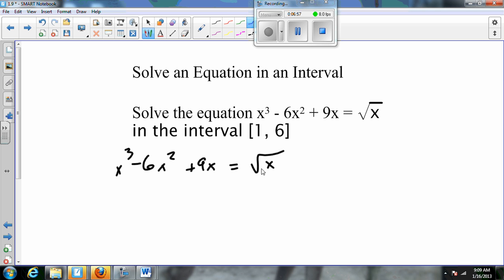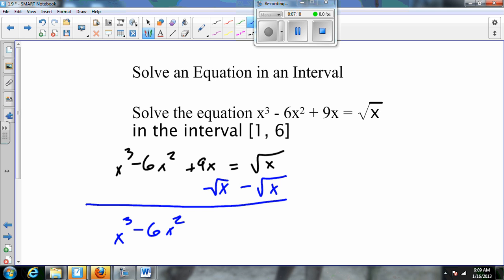So you would have to subtract root x from both sides. And we know root x is to the 1/2, so it's going to go at the end because of order of degree. So we get x cubed minus 6x squared plus 9x minus root x equals 0.